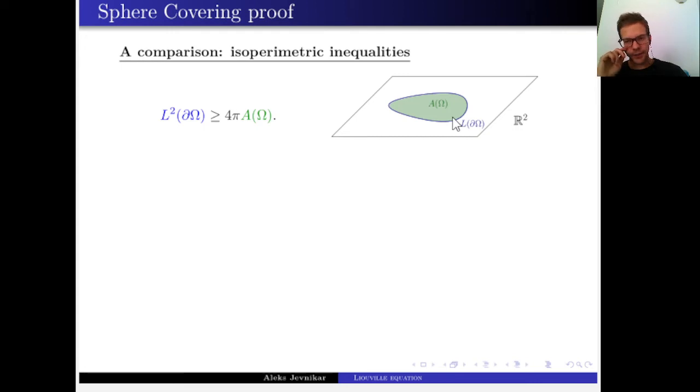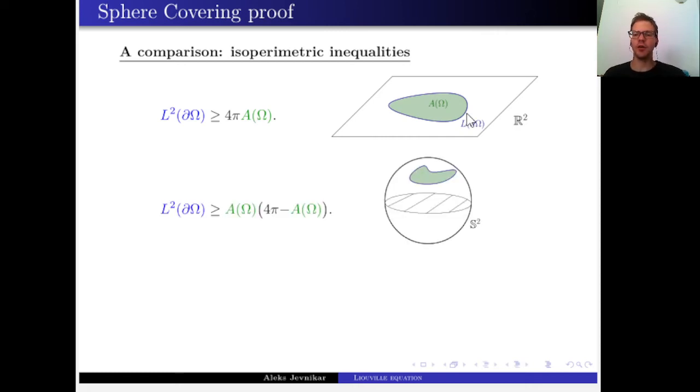So you take a domain and what is known is that the length of the boundary squared is bounded from below by 4 pi the area of the domain. So you can lift this on the sphere and you have something similar. So again the boundary squared is bounded from below by the area, but you have to adjust this because now you are on the sphere.